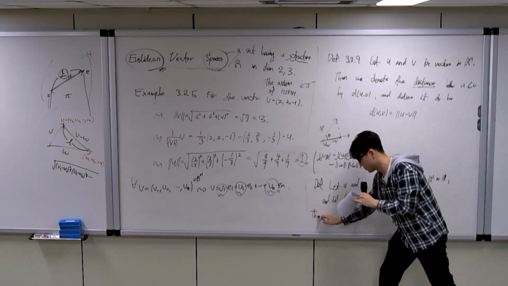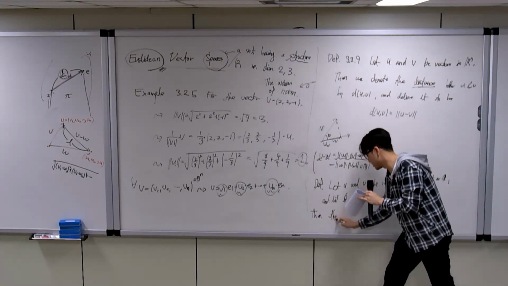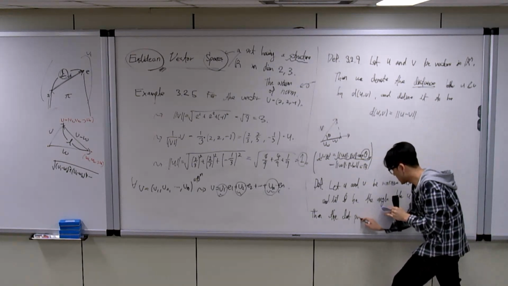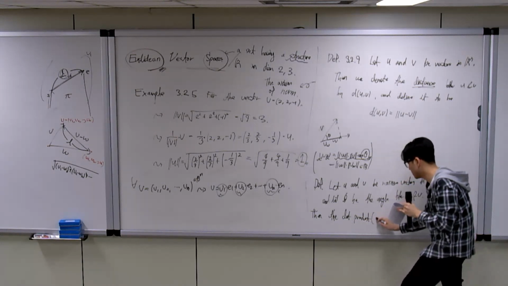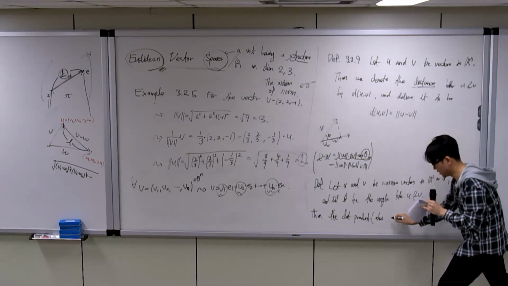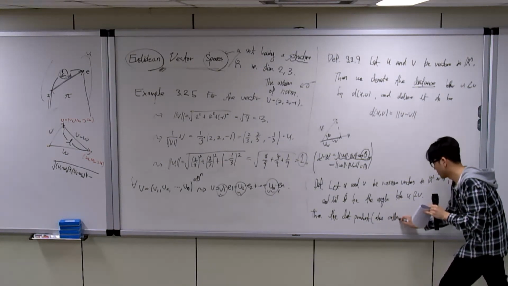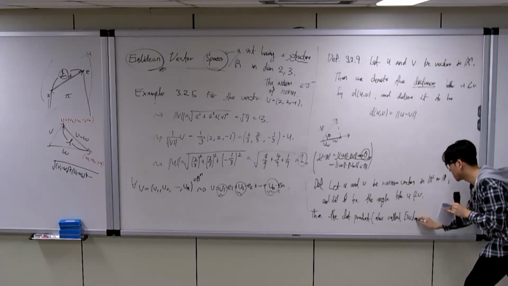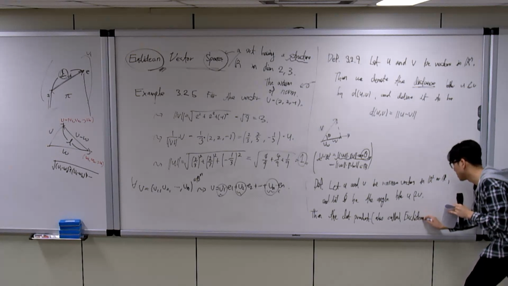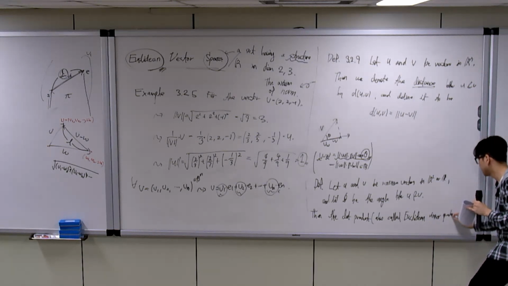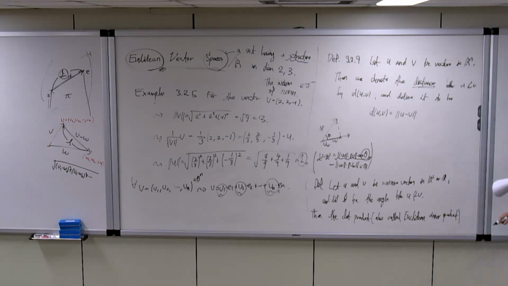Then the dot product, or I said the inner product, and because we work in Euclidean space, it is called the Euclidean inner product, also of u and v.